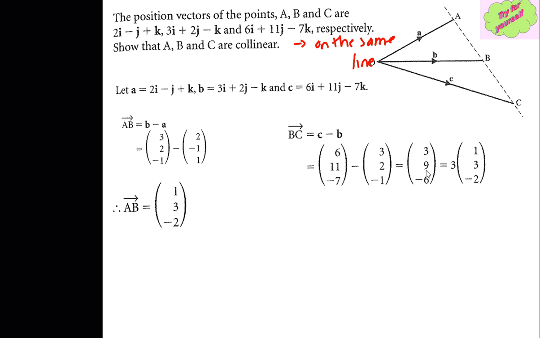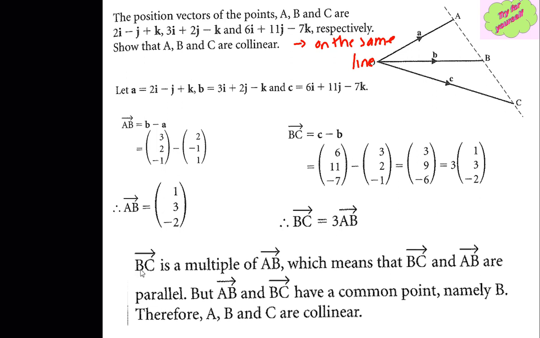If you multiply this one by 3, you get that. So vector BC is the same as 3AB.